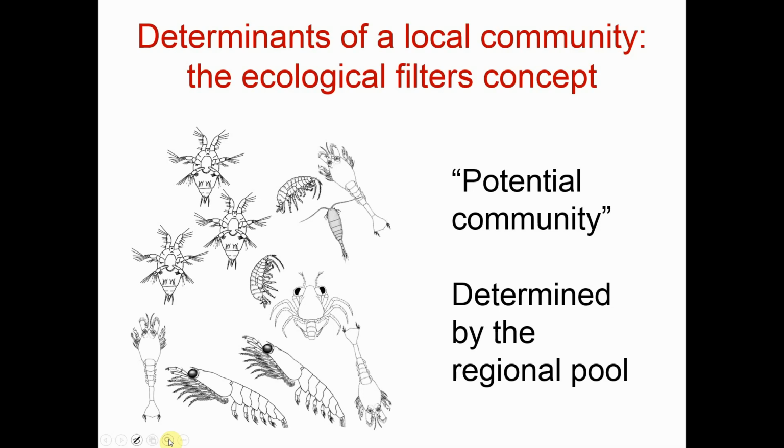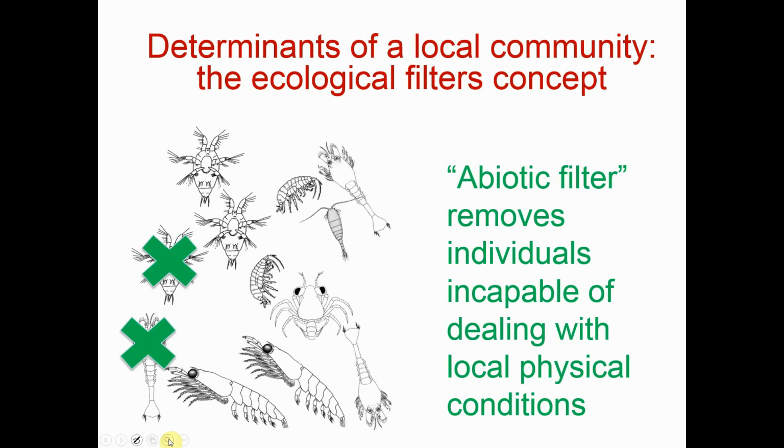So let's think about this in terms of ocean acidification. So we have the determinants of a local community, again our ecological filters concept. Here, for example, is our potential community. This is the species and the various abundances that could exist in our regional pool. What we find is the abiotic filter removes individuals in our community that are incapable of dealing with local physical conditions.